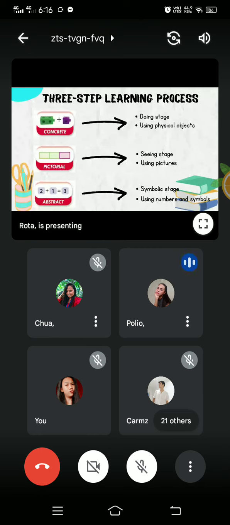That bar model is a visual representation of concrete objects, which is the blocks. So building or drawing a model makes it easier for children to grasp different abstract concepts.